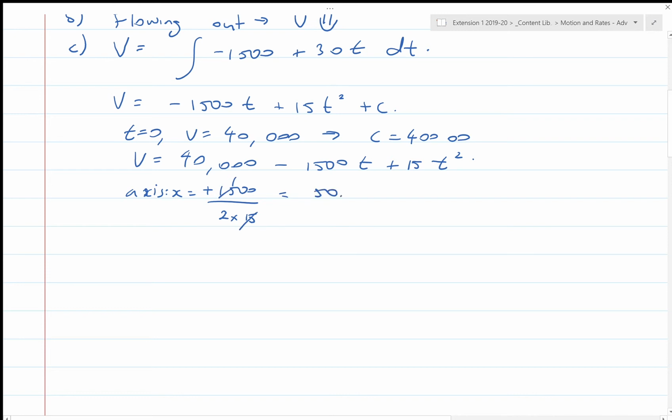So that's 50. And then when T is 50, volume equals... no point trying to show off, I'm definitely doing this in my head right now. Ignore the tapping sounds. Yes, and well, 2,500. Perfect.